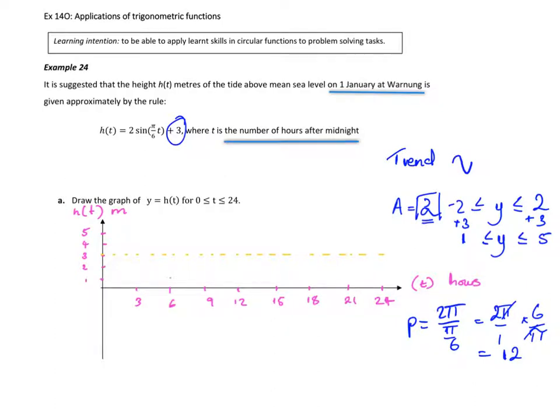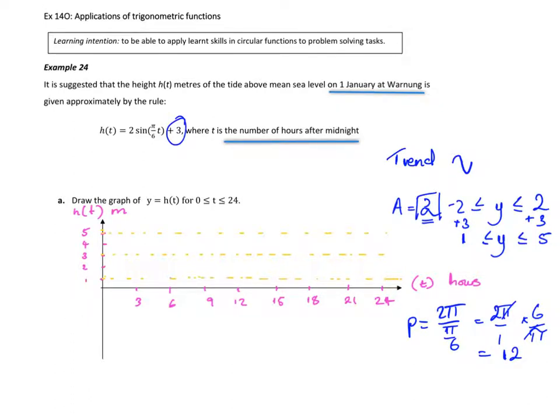The next thing we know is that our graph is going to start at 1. So I'm going to draw another little dotted line there, so that these are now my guidelines. Remember, guidelines help you to sketch the graph perfectly. So there's my guidelines there, and it goes up to 5, and so I've got some more guidelines along here.